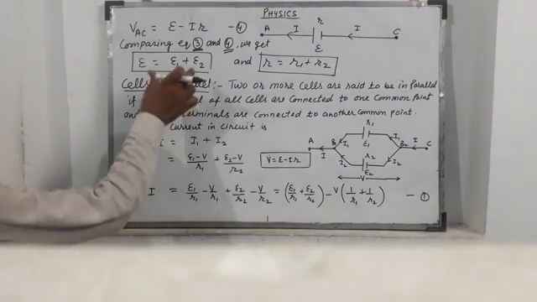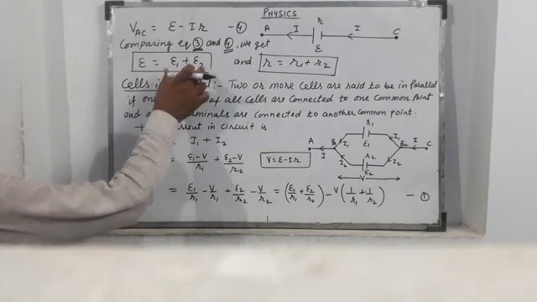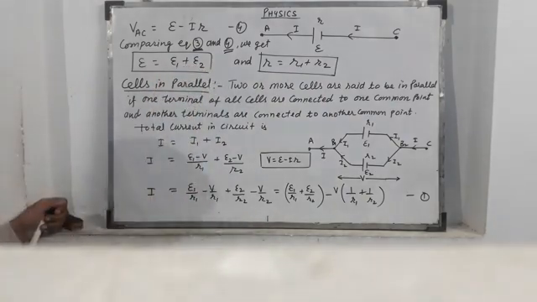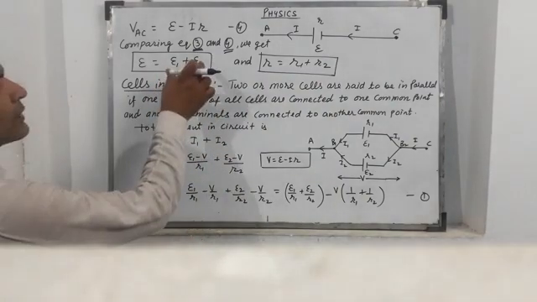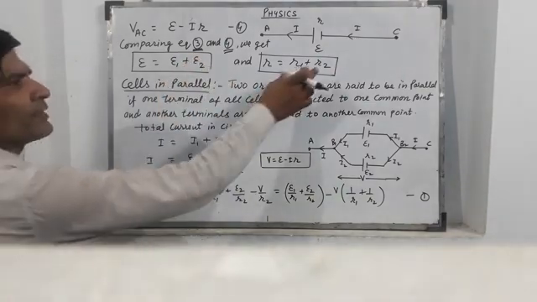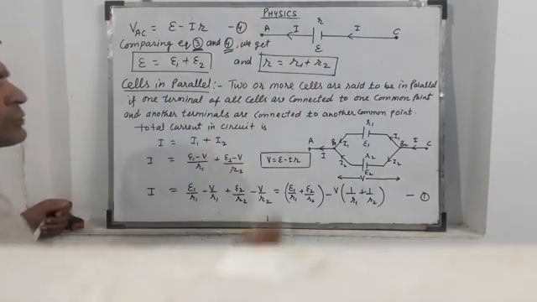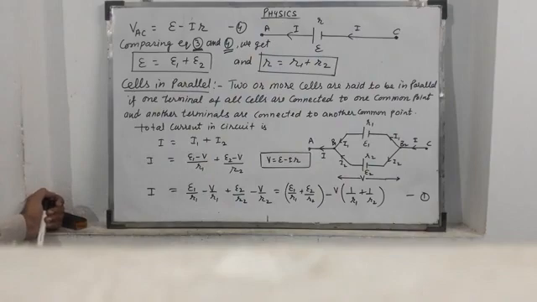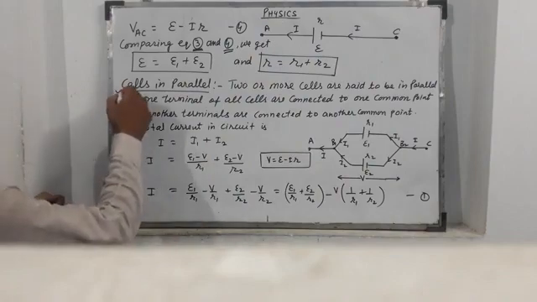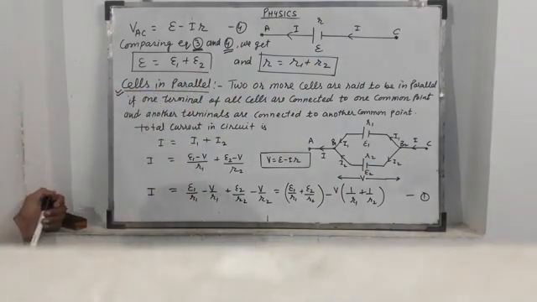Here, when two cells are connected in series, the EMF increases, but with the increase in EMF, the internal resistance also increases. Now, the cells in parallel.